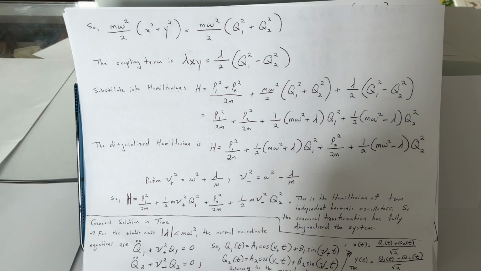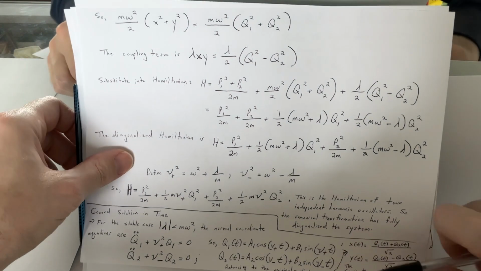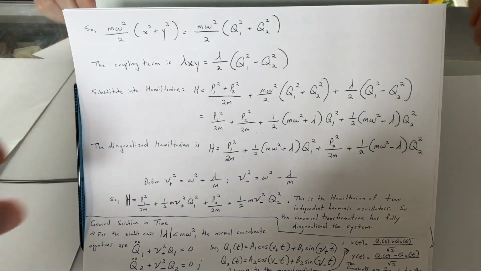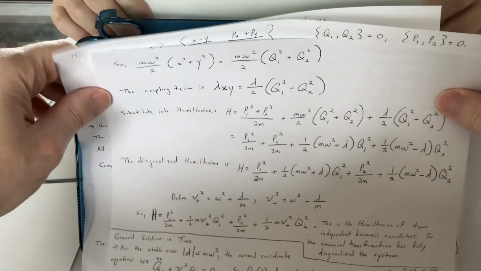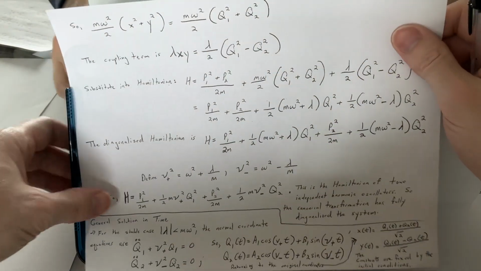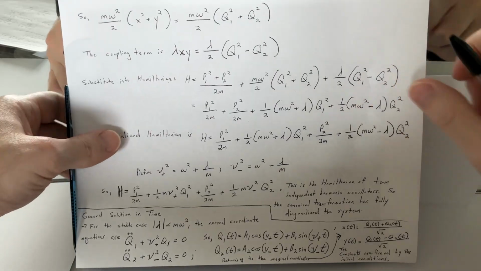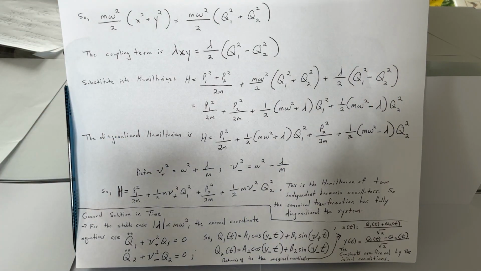All right, and now just moving along here, general solution in time. Let me just get this out of the way here, sorry. And then just adding on to this, if we wanted the general solution in time for the stable case, absolute value of lambda less than m omega squared, the normal coordinate equations are this: q_1 double dot plus nu_plus squared q_1 equals 0 and q_2 double dot plus nu_minus squared q_2 equals 0.